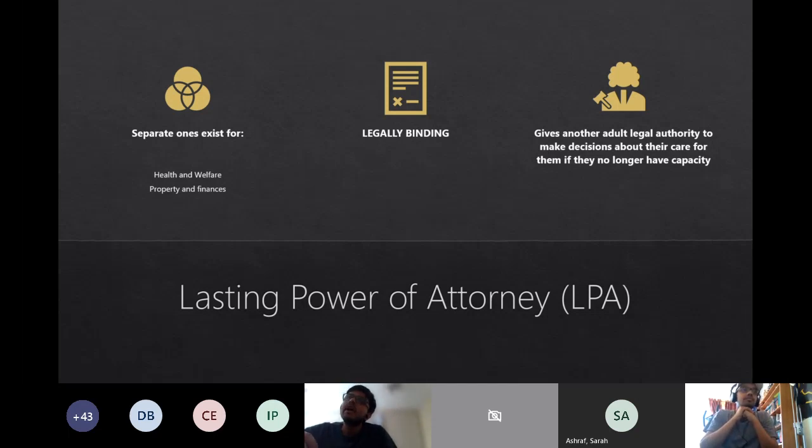So what happens if you have an LPA and you have an advanced decision? Exactly. So the most recent one will override the other one.